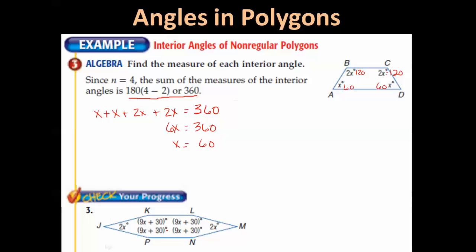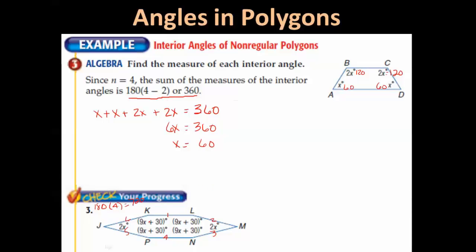This check your progress down here is going to work the same way, but if you'll notice, this is a hexagon. Okay, so you're going to have 180, and then 6 minus 2 will give me 4. So those interior angles are going to add up to 720.